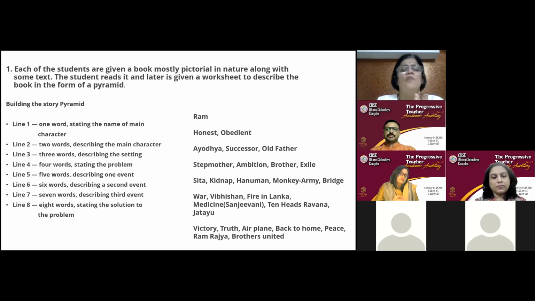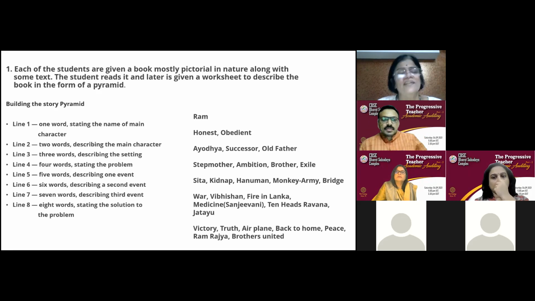Then line 4, 4 words stating the problem. Why did this happen? Stepmother, ambition, brother, exile. This is only an example, please. Then line 5 should contain 5 words describing one event: Sita, kidnap, Hanuman, monkey army, bridge.